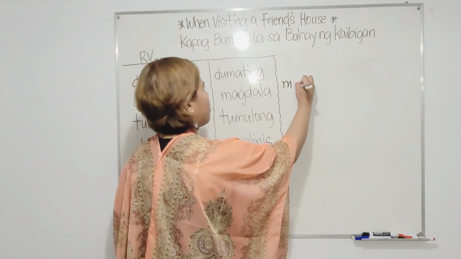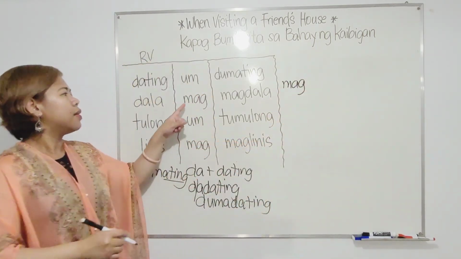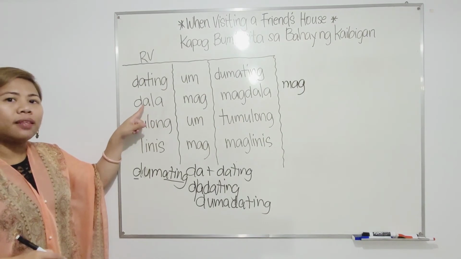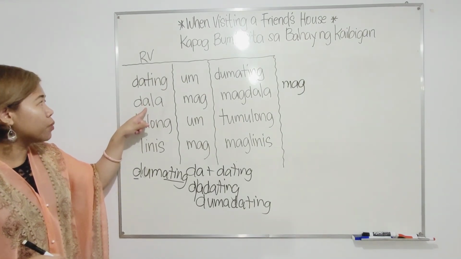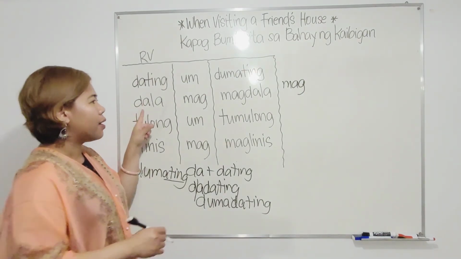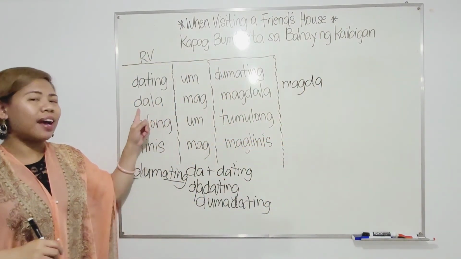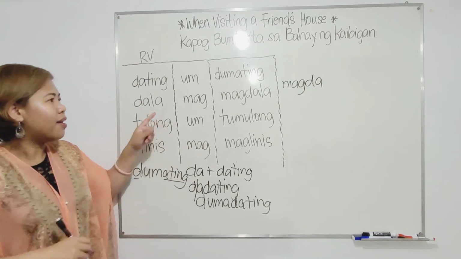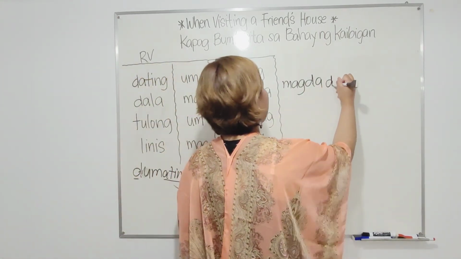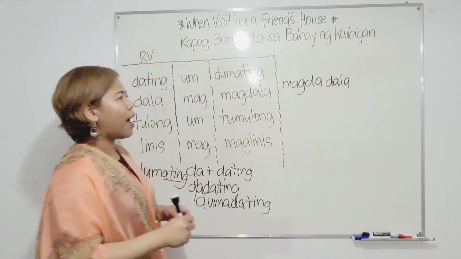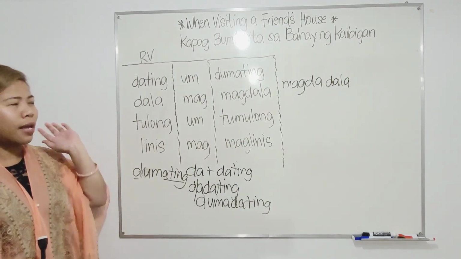So it will become mag, plus you are going to repeat the first syllable of the root verb, dala, mag, da, and then you are going to add the entire verb, dala. So it would become magdadala. That's your future tense.